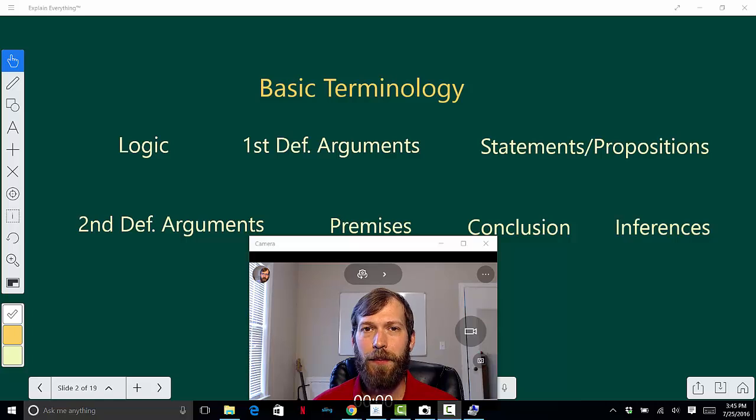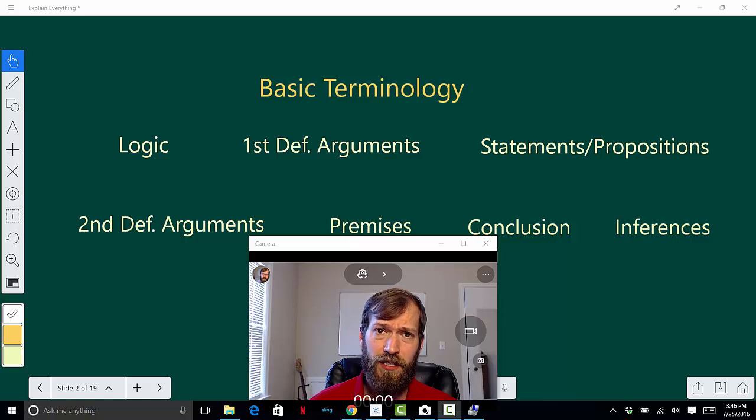Here are the basic concepts that we're going to examine that are involved in an argument. So, basic concepts or the basic terminology that surrounds it. And we need to know these because we're going to be using this language quite a bit in discussing arguments, and they're also integral in understanding what it is that we're trying to do with arguments in the first place. So we're going to define logic.